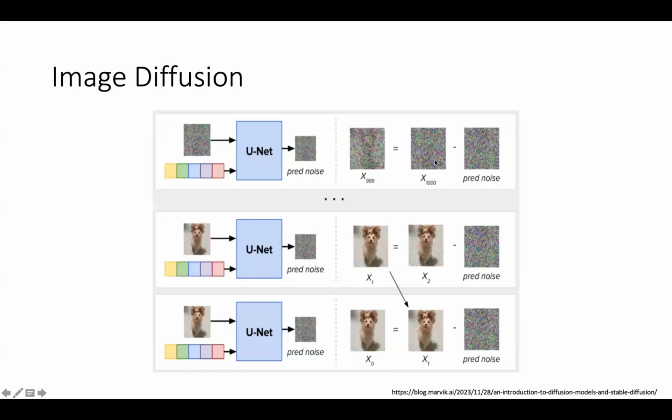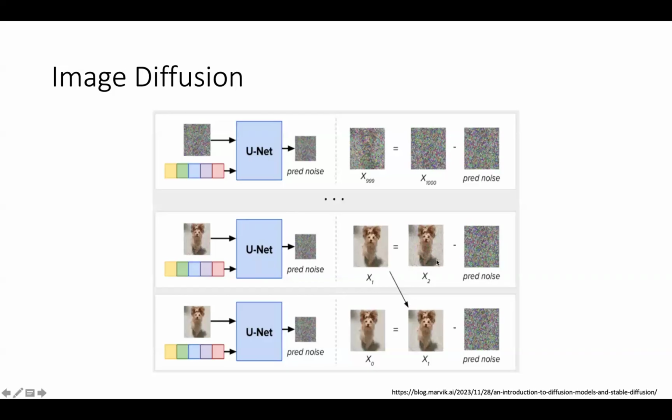We subtract this noise to get the previous version, the denoised version of the latent image. In the subsequent process, we take this x999 as an input, and we try to predict x998 as an output. Similarly, and so on, we try to denoise.